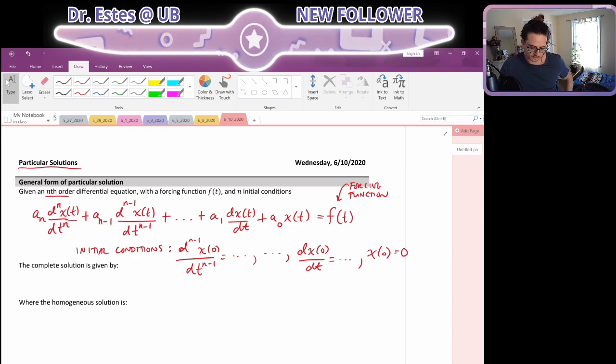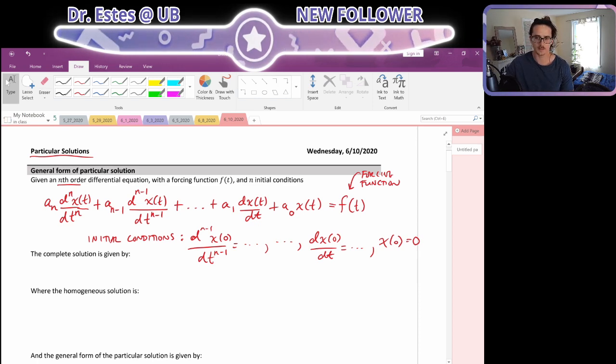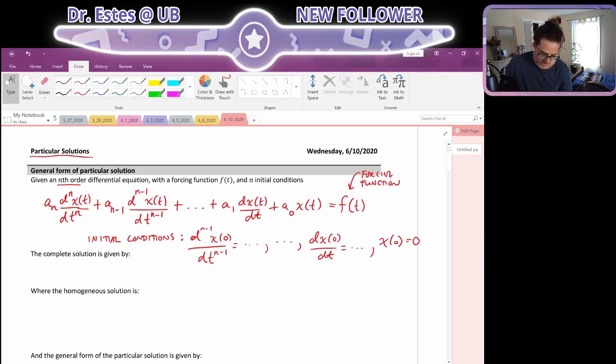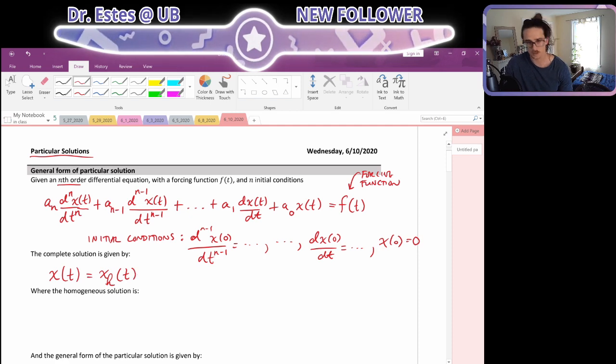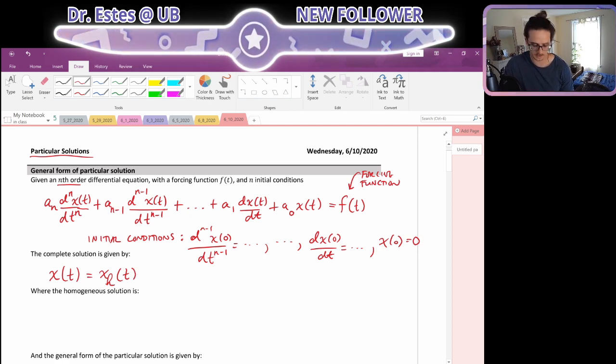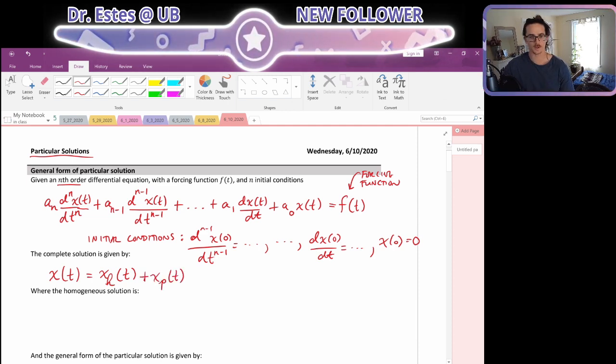All right. Now, if you solve this, the complete solution would be x of t is a homogeneous part, which we're now pros at getting. And then you have the particular as well.